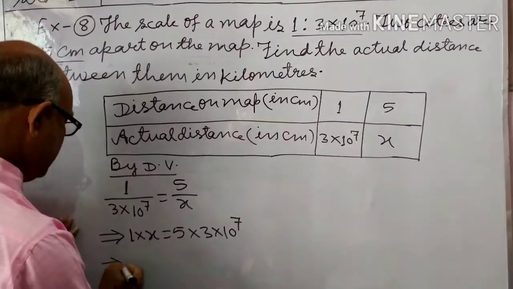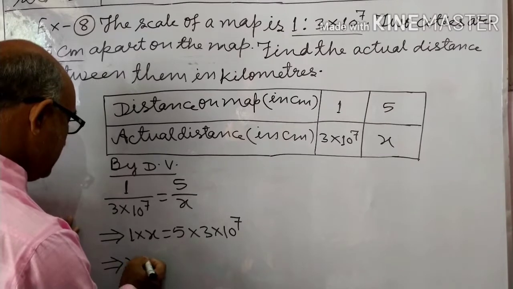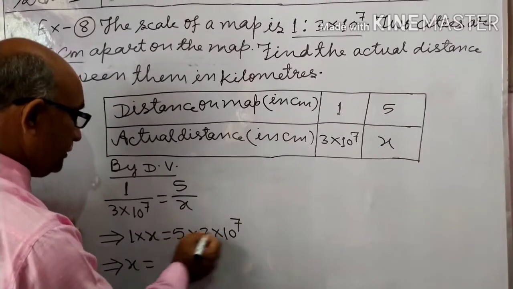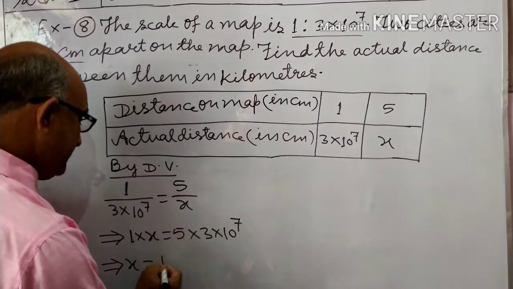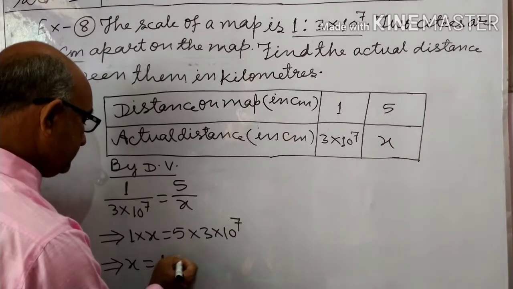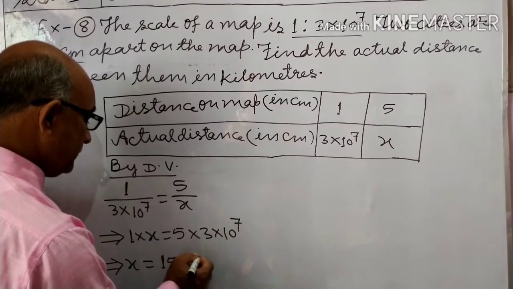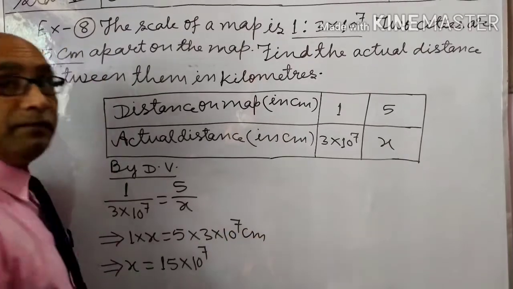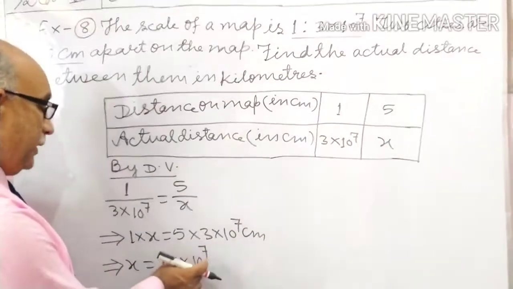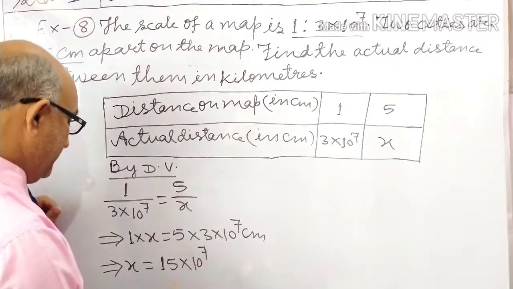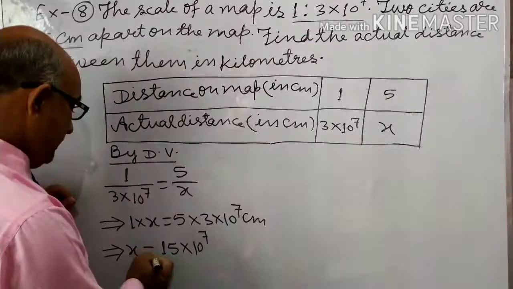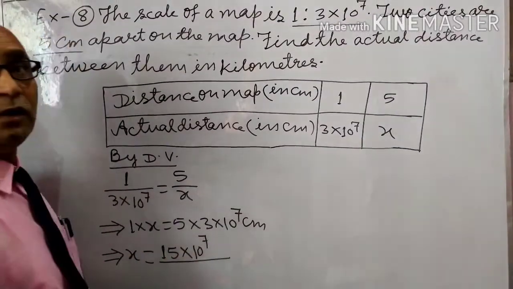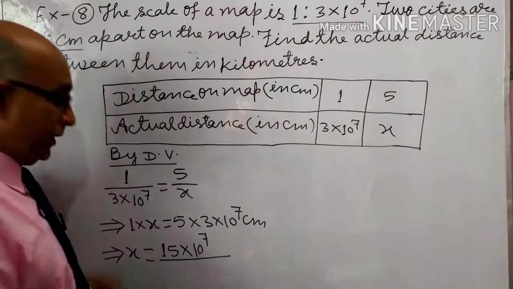That implies 1 into x, x equals 5 3s are 15 into 10 to the power 7 centimeter. 15 into 10 to the power 7 centimeter. Now it's changed into kilometer.